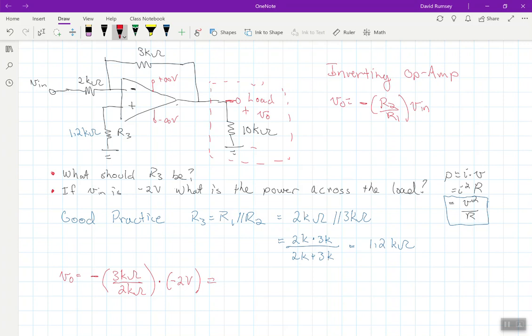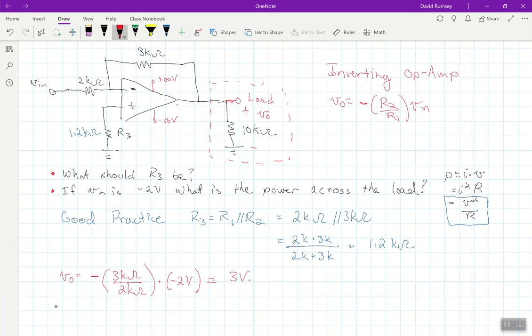And if I get that here, it should be 3 volts, but let me just double check my arithmetic. Yes, we get positive 3 volts as the output voltage.